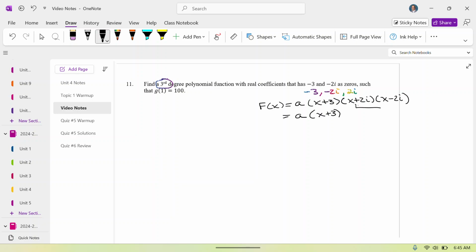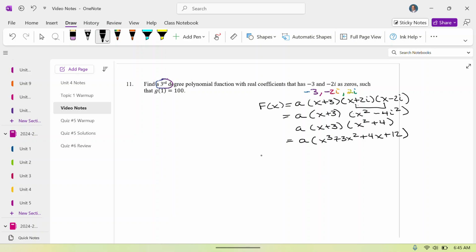So this is x squared minus 4i squared. So it becomes x squared plus 4 when you put the -1 in for i. You distribute, so you get x to the third plus 3x squared plus 4x plus 12.